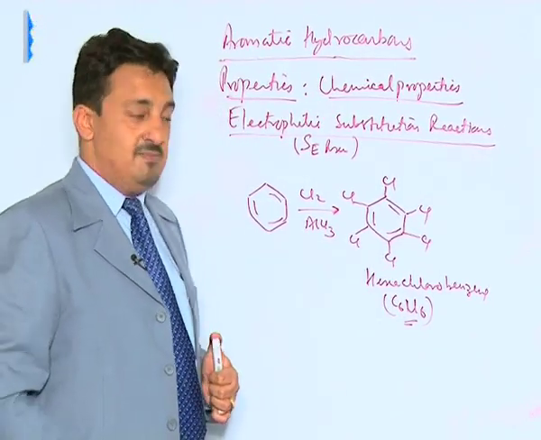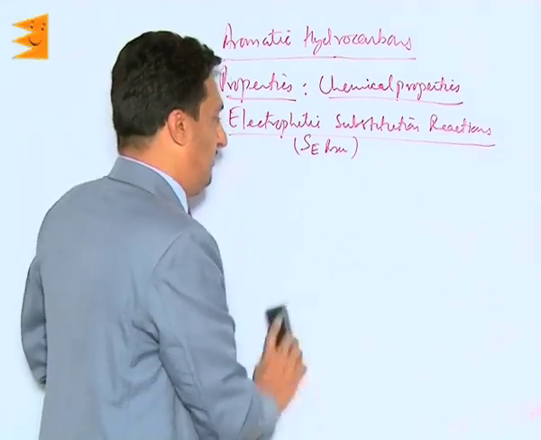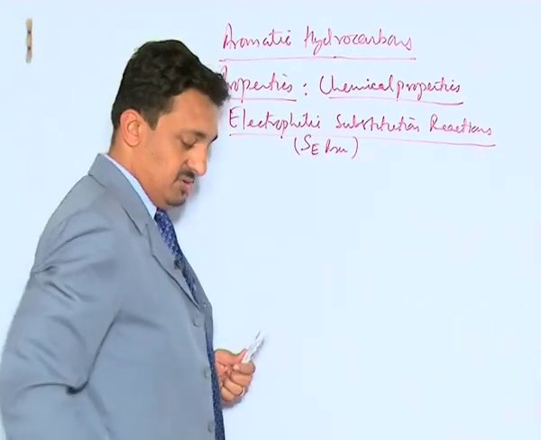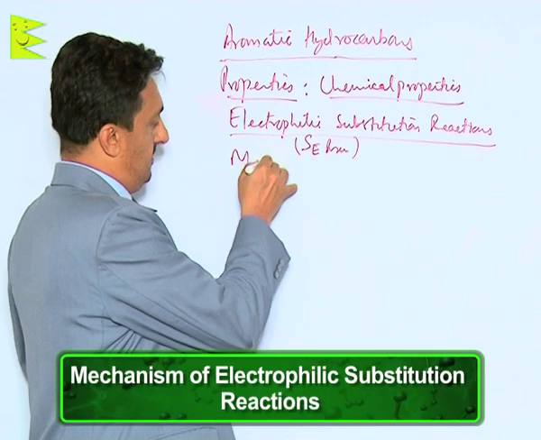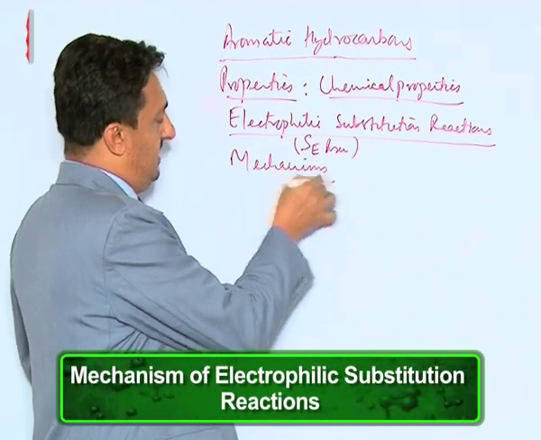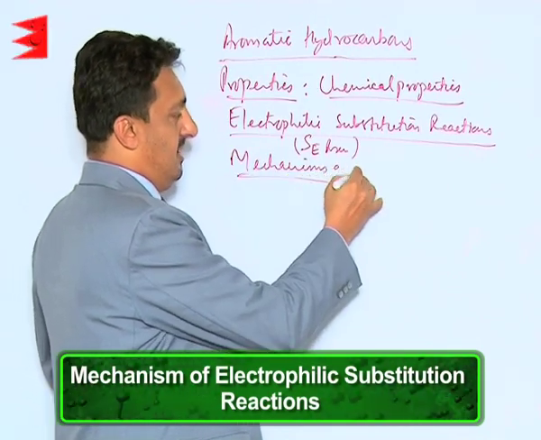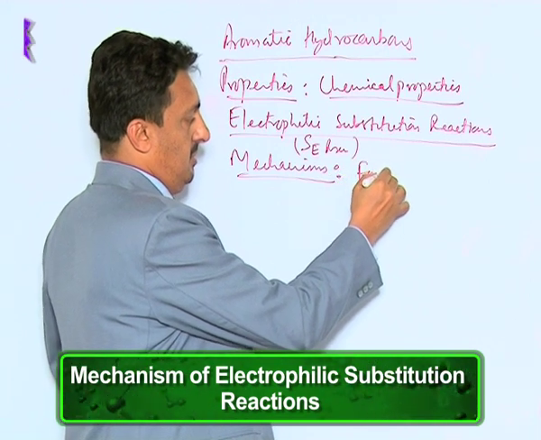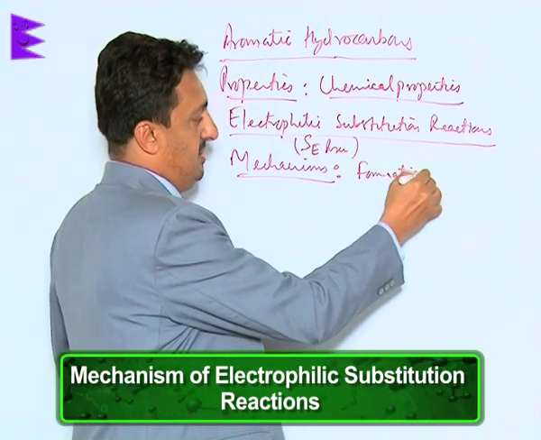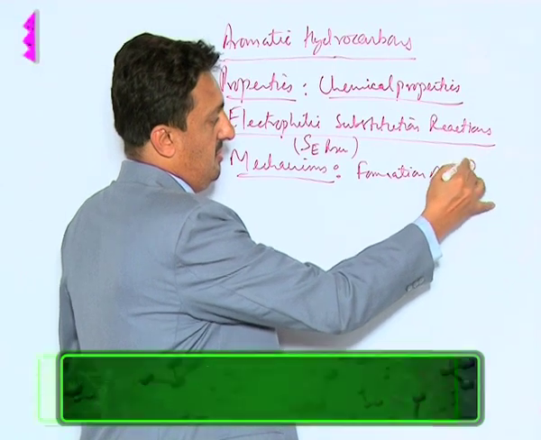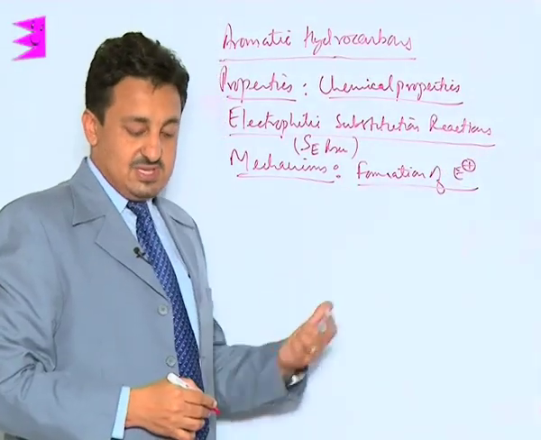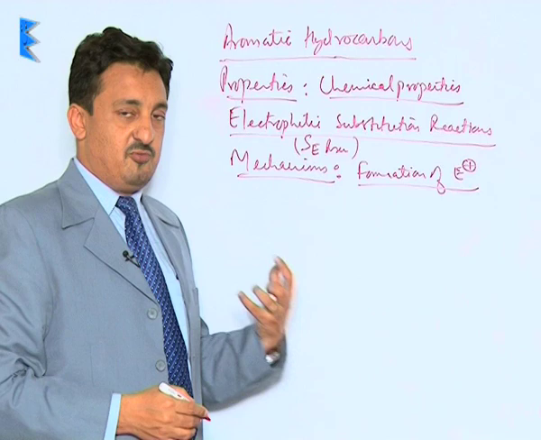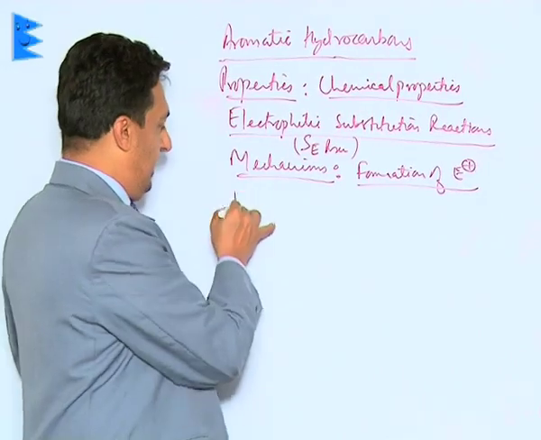Now let us see the mechanism of the electrophilic substitution reaction. The most important step is the formation of the electrophile. Now let us see how it gets formed in the different reactions.